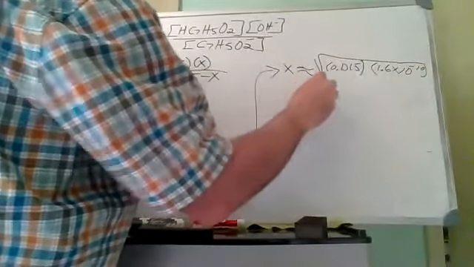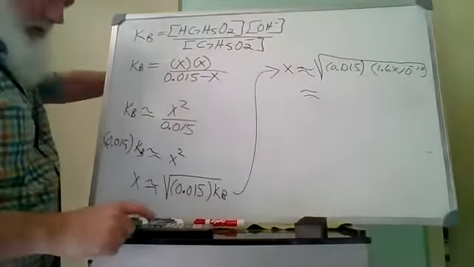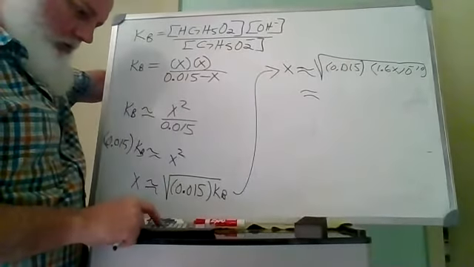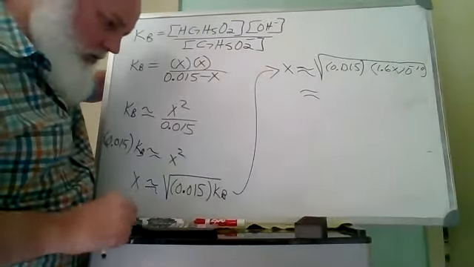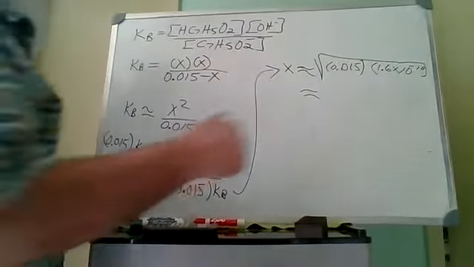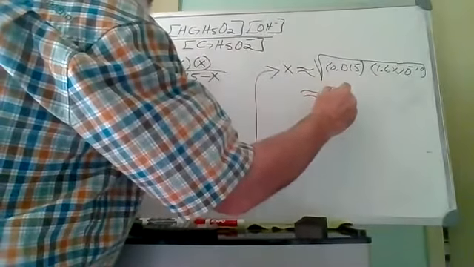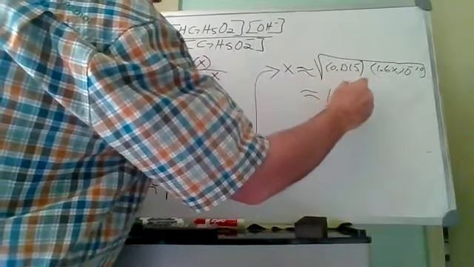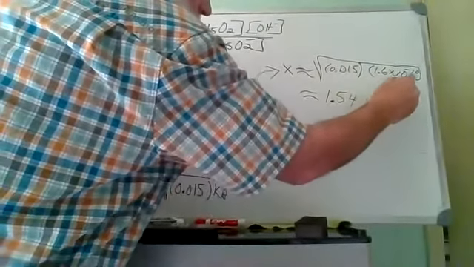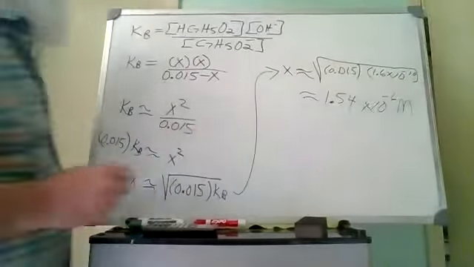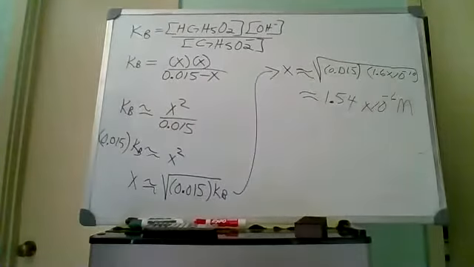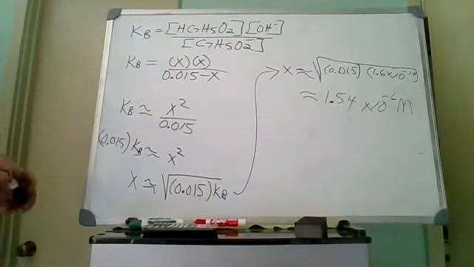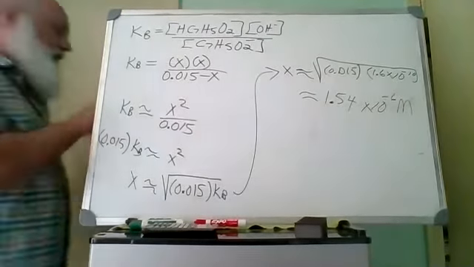And that's approximately, I get 1.5, I'm going to go with another decimal place, 1.54 times 10 to the negative 6 molar. So we've answered the first question.